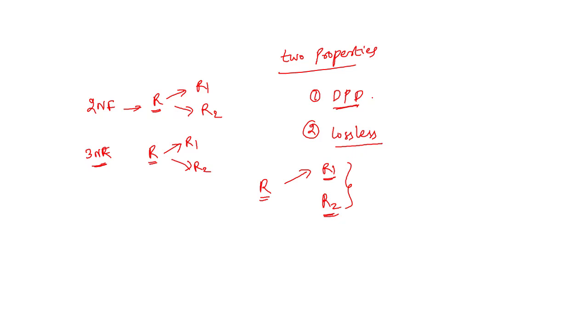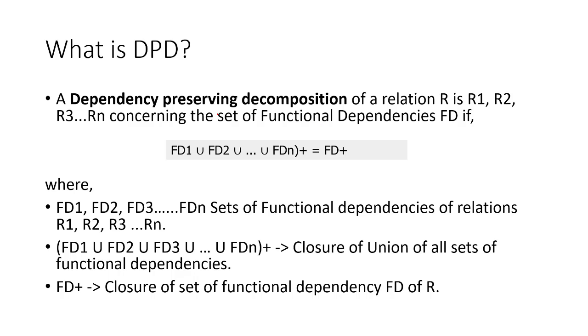In this video, let us understand what is dependency preserving decomposition. A dependency preserving decomposition of a relation R is splitting the relation R into R1, R2, R3 and so on up to Rn.